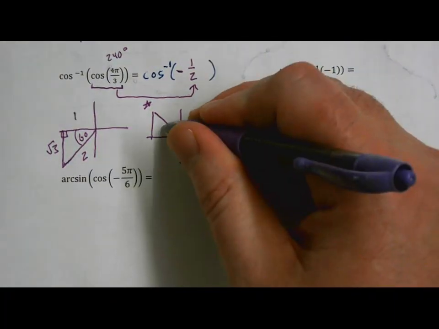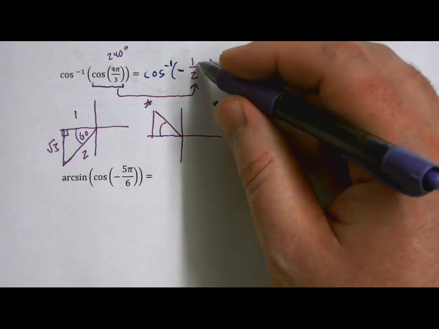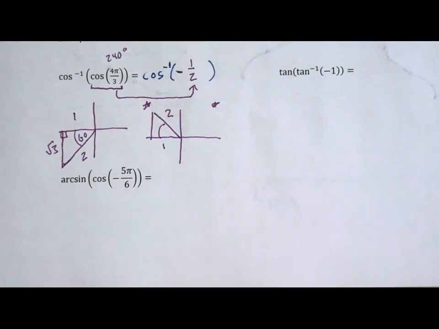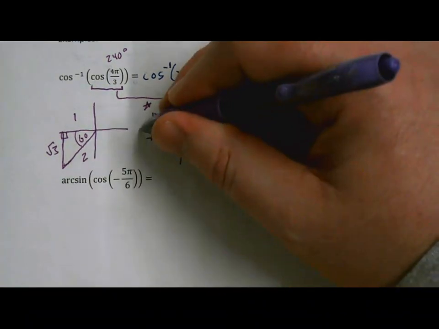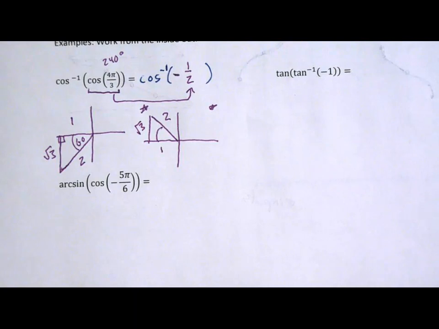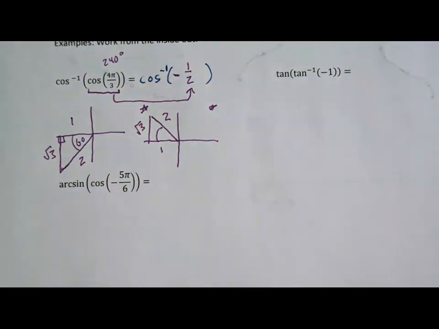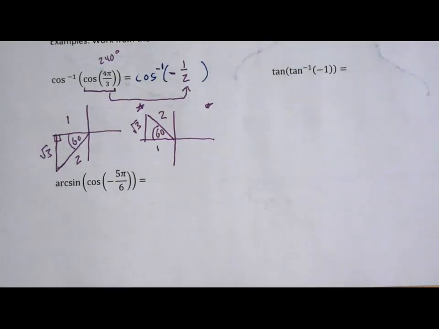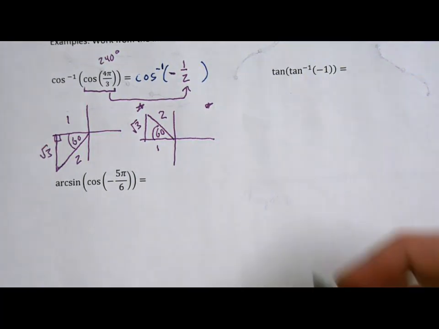Reference angle is here. Cosine is adjacent over hypotenuse, so 1 and 2. And I recognize, oh, that's a 30, 60, 90 triangle. There's a root 3 in there also, which makes my reference angle the 30 or the 60? 60. But my answer is not going to be 60. That's the reference angle.